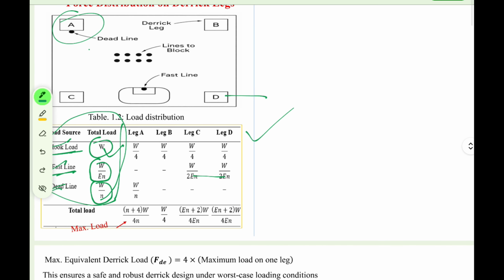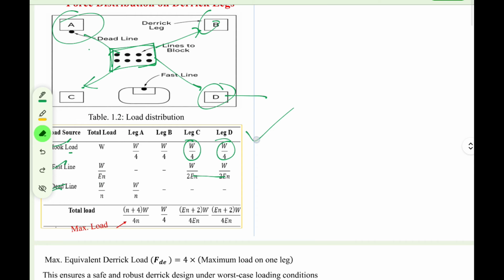Now if I am talking about the hook load, the hook load is acting at the center, right? Just imagine that you have a wooden table with 4 legs, and you are sitting at the center. If you are sitting at the center, all the legs will experience the same load. So if you have a load W, then this W is distributed among A, B, C, D. That could be W by 4 in each leg, no doubt about it.